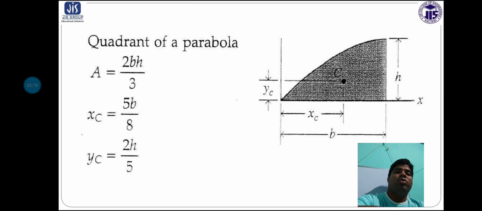You have to remember in such a way that you write a table, one by one standard figure, and in the right hand side what will be the value of xc and yc. That is actually the trick to remember this type of standard value.